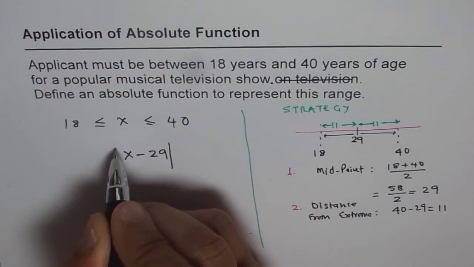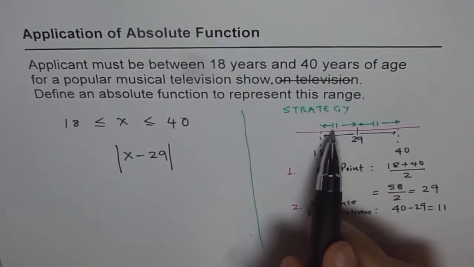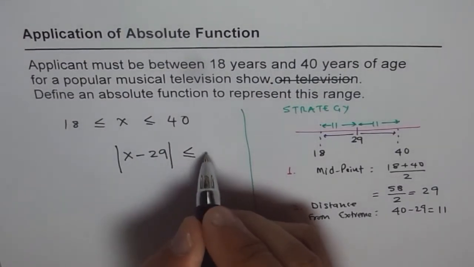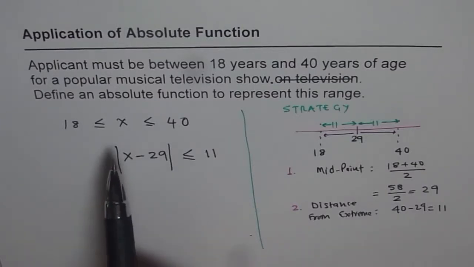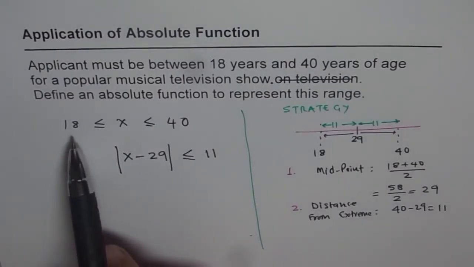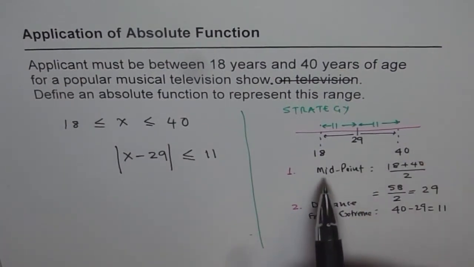This value should be within 11, less than or equal to 11. That is the absolute inequality, which is similar to saying that x is greater than or equal to 18 and less than or equal to 40.